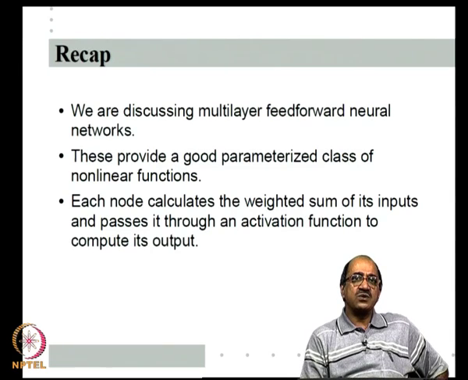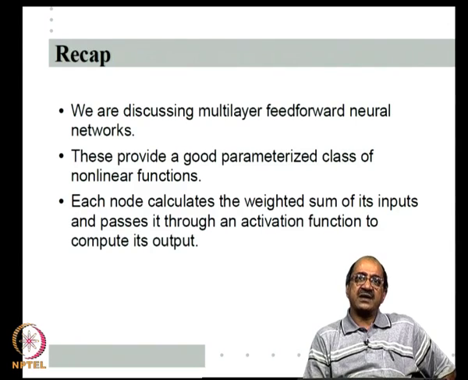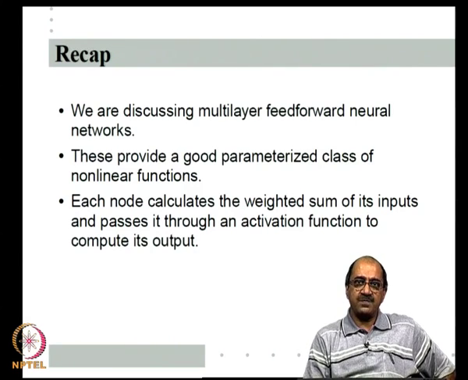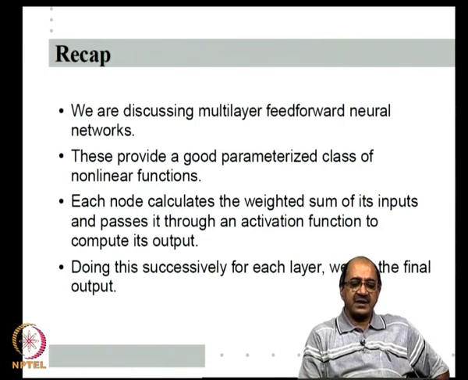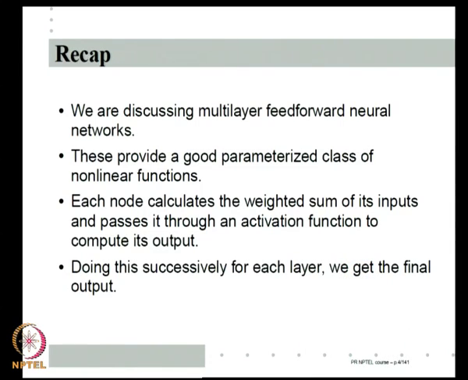Essentially each node calculates a weighted sum of its inputs and passes it through a nonlinear activation function to compute its output. We do it for all nodes in a layer and from layer to layer. If we do it successively for each layer, we essentially transform the inputs at layer 1 to the outputs at the final layer.